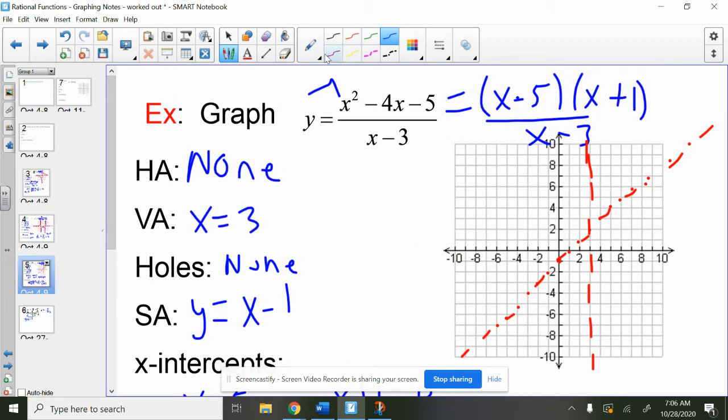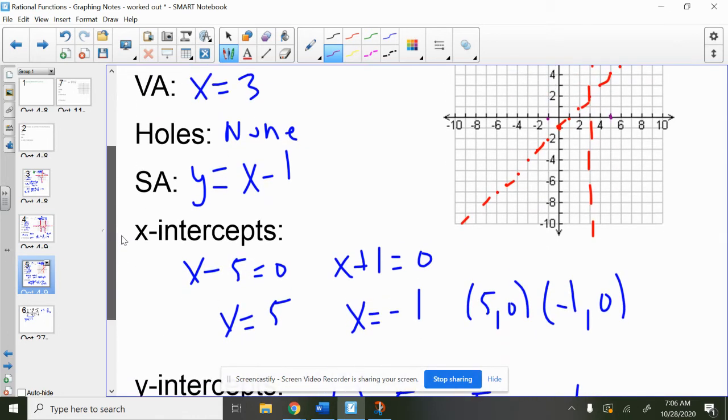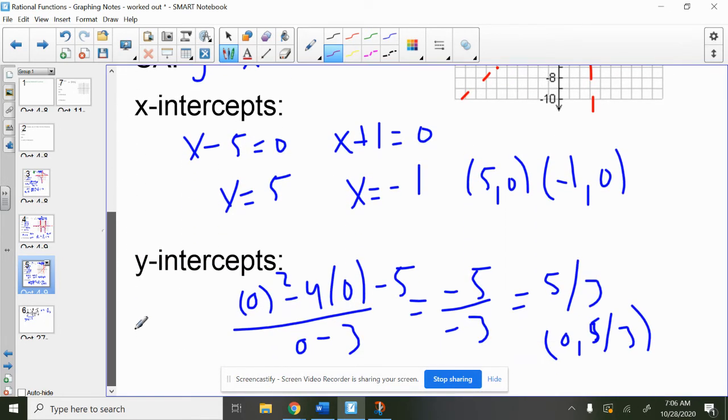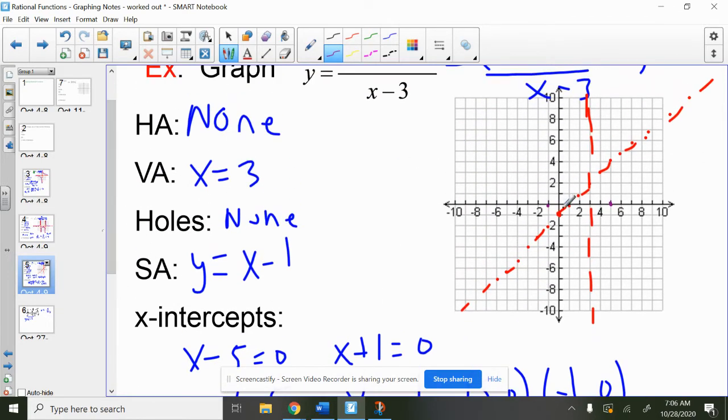And so if I go ahead and graph this one, we're going to make a dot here at 5 because that's one there. And then we know down here we got a -1, so make a dot there. And our y-intercept we said was going to be (0, 5/3). So something along those lines.